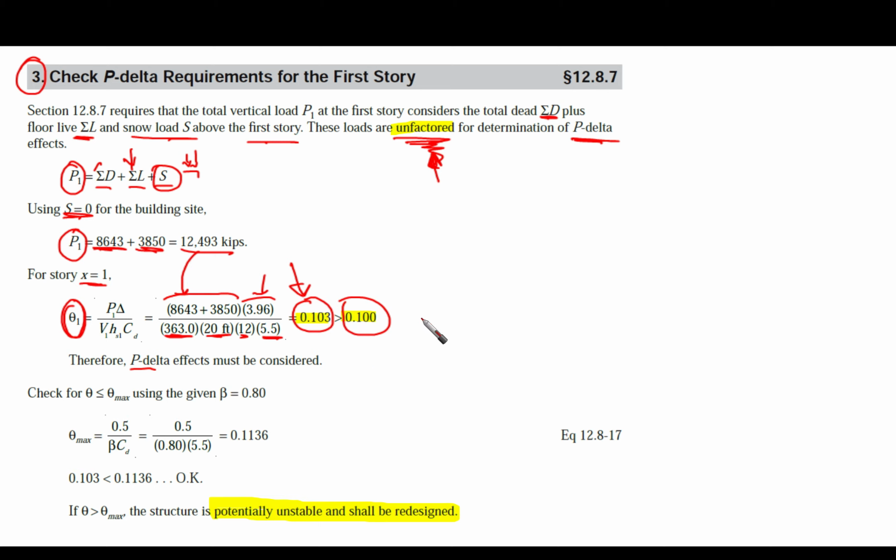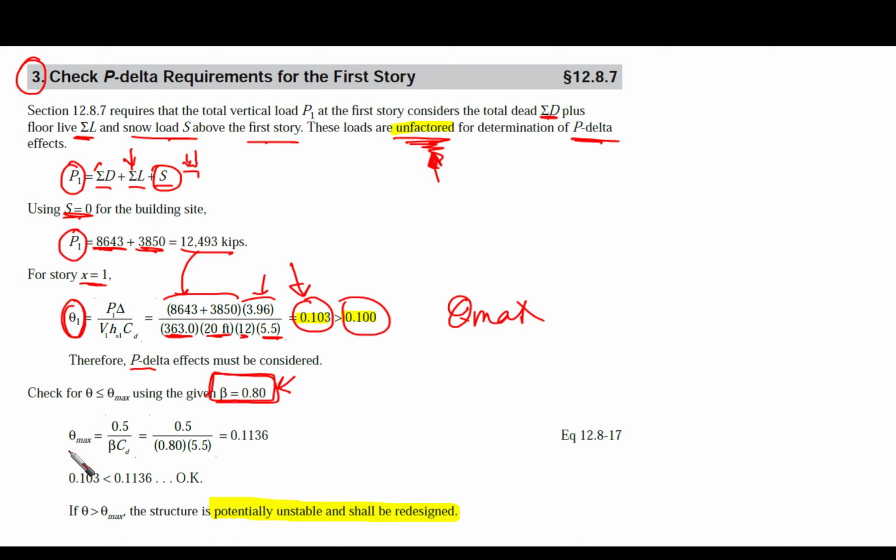Then let's check the theta maximum. For theta maximum, we're going to use beta equal to 0.8, which is the demand to capacity ratio. It is 0.8 and it's given already.